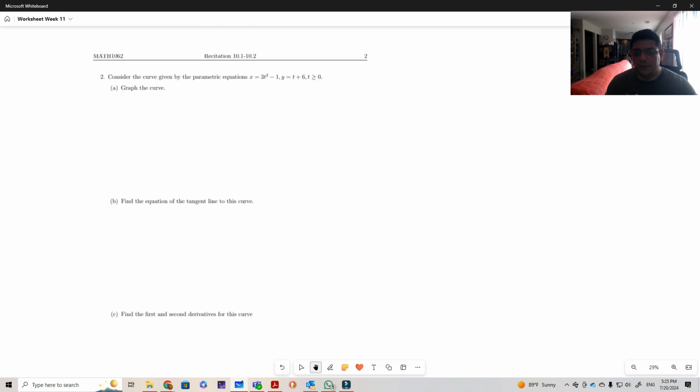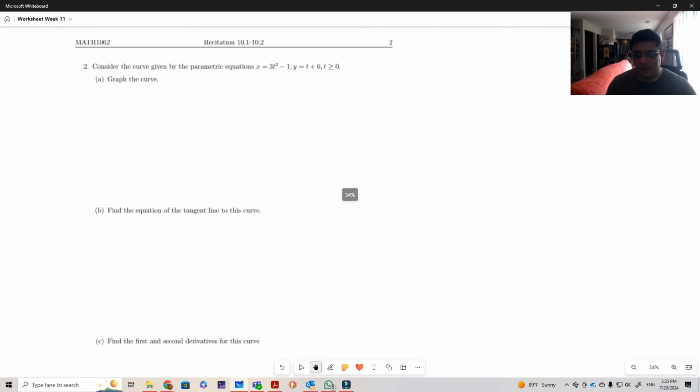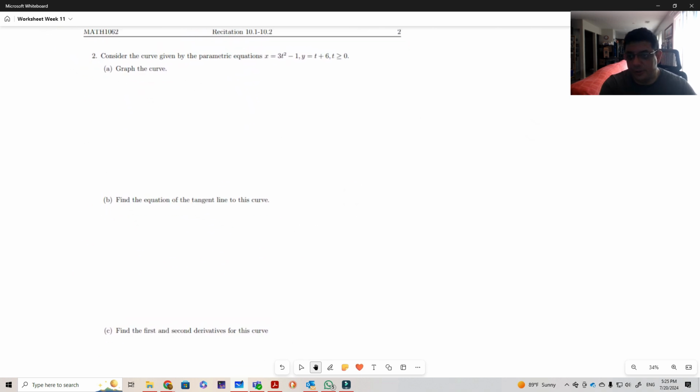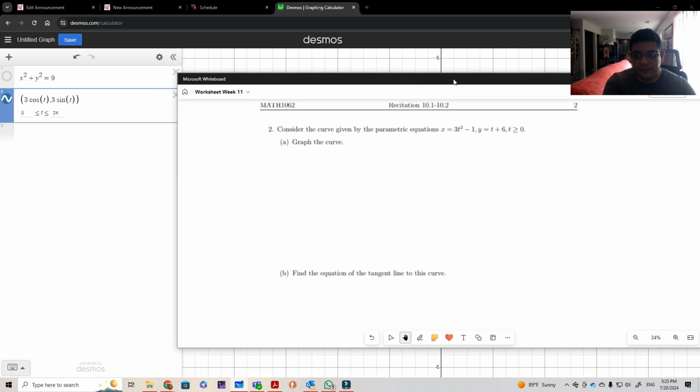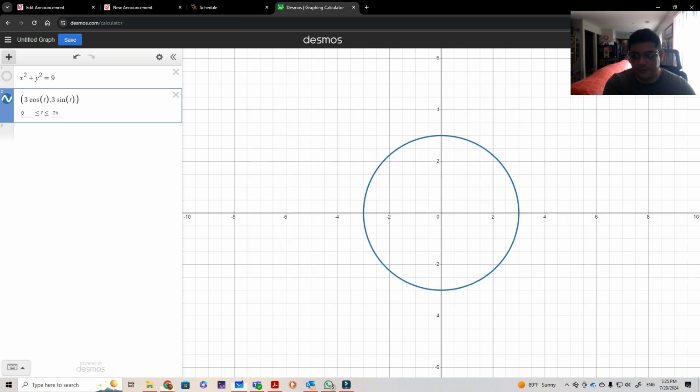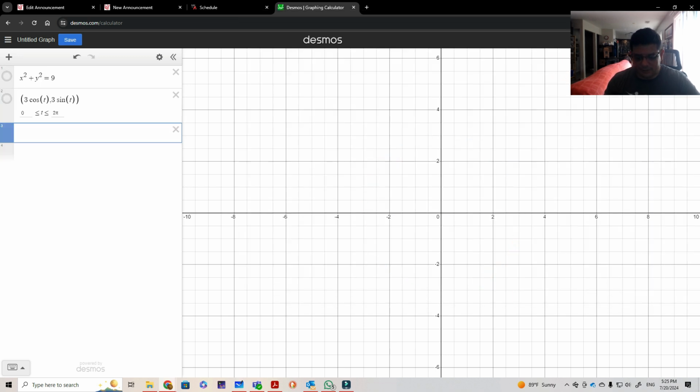Now let's go to doing some brief calculations. Question number 2 says, consider the parametric curve x equals 3t squared minus 1, y equals t plus 6, when t is bigger than 0. And it's asking me to graph the curve. So same thing as before. Let's do another one here.